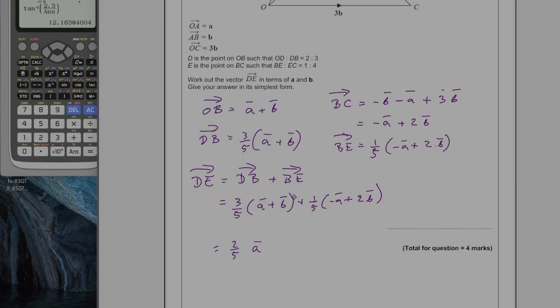Plus 3/5 of b plus 2/5 of b, so that would actually be plus b. So there's no point taking the fifth out. So we're looking at 2/5 of a plus b. Right.